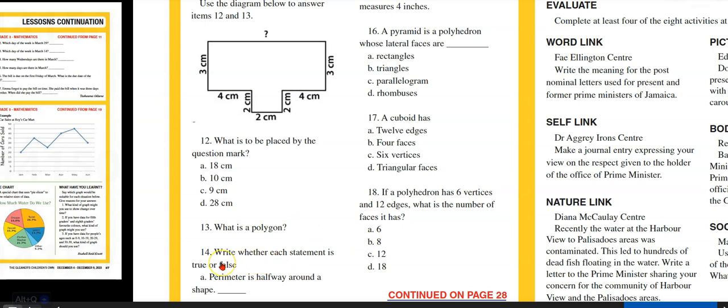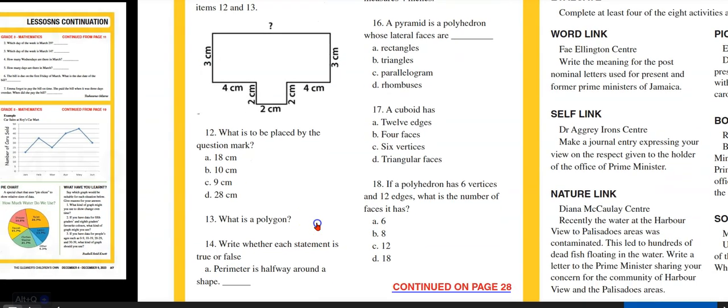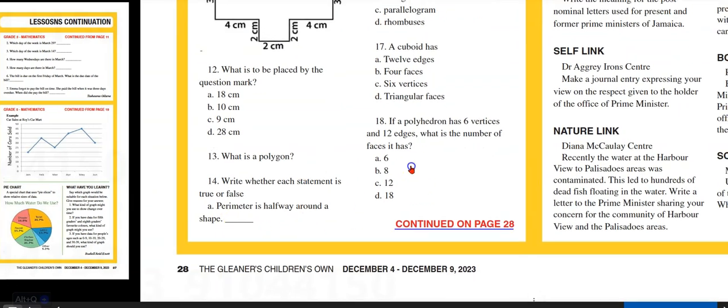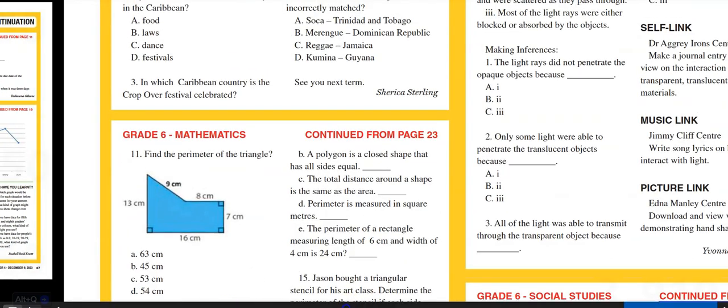Next one, number 14. Write whether each statement is true or false. A, the perimeter is halfway around a shape. B, a polygon is a closed shape that has all sides equal.